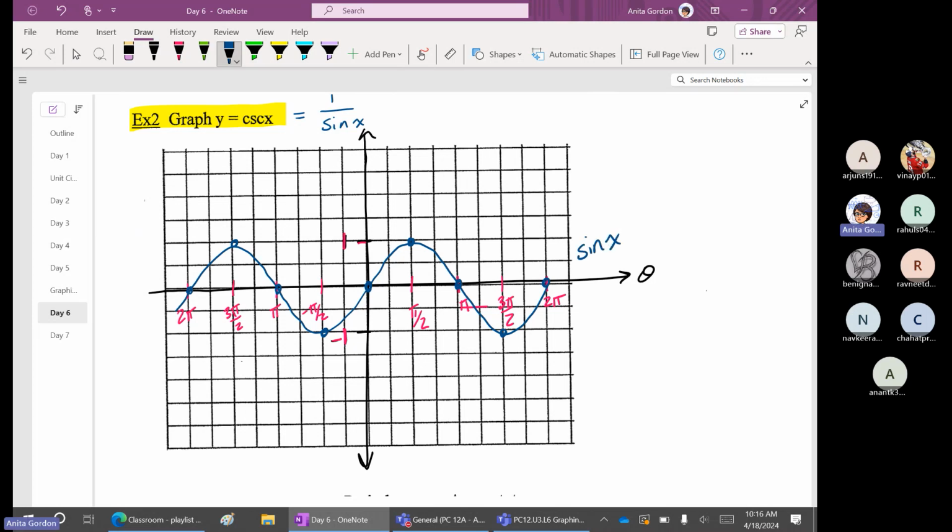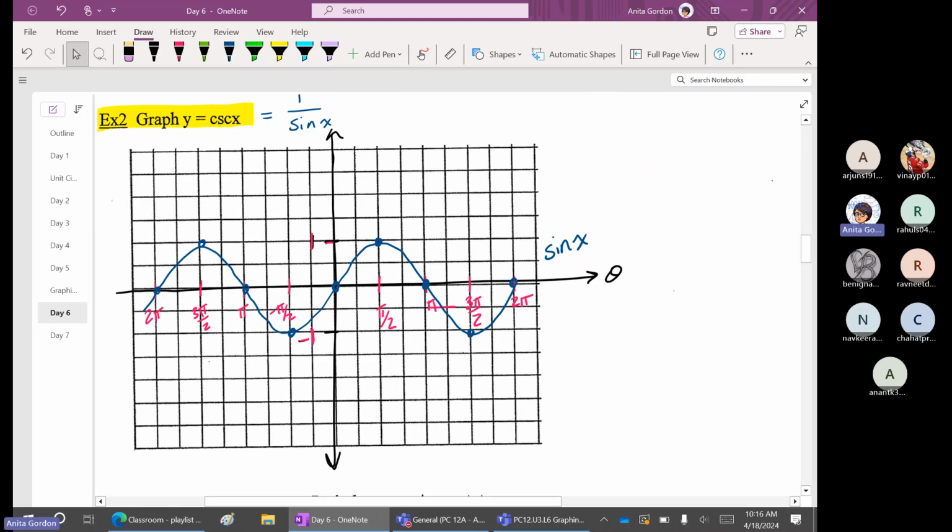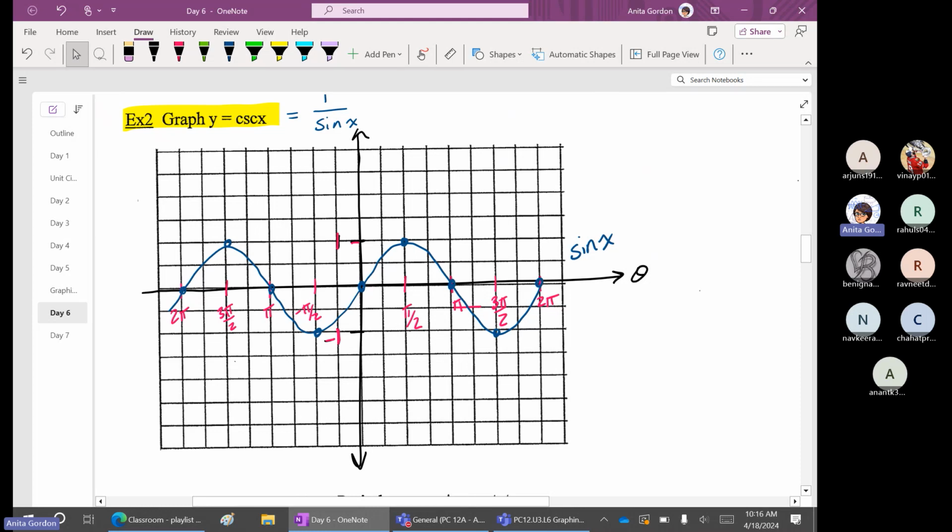What we want to do is check what is cosecant. We're going to take all of the numbers and go 1 divided by that. Okay? Let's start with the center. If sine is 0, what is 1 divided by 0?